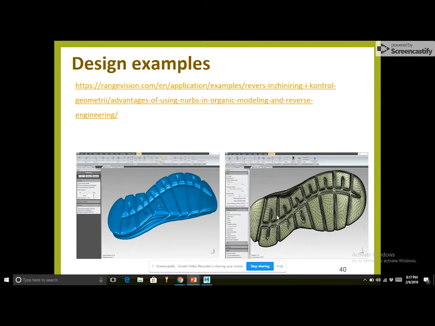If they had to start this from scratch, it may take 1 or 2 complete days, but as they have used this existing object as a reference, they save a lot of time and cost, which is a good thing. So this is the best thing which we can do while designing a product.